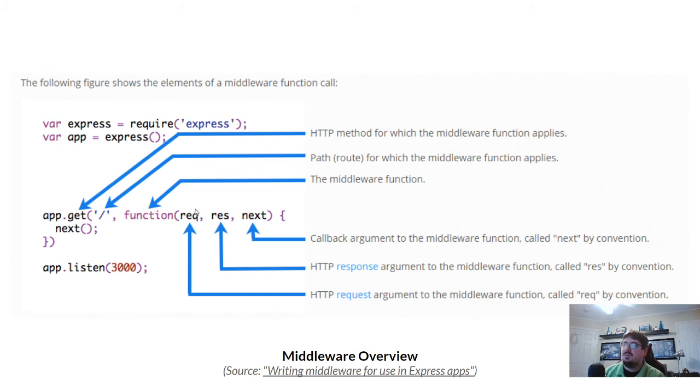So if I were to switch res and req, the request and the response, I would end up finding that the res is the request and the request is the response. They would be swapped because it always passes them in that order.